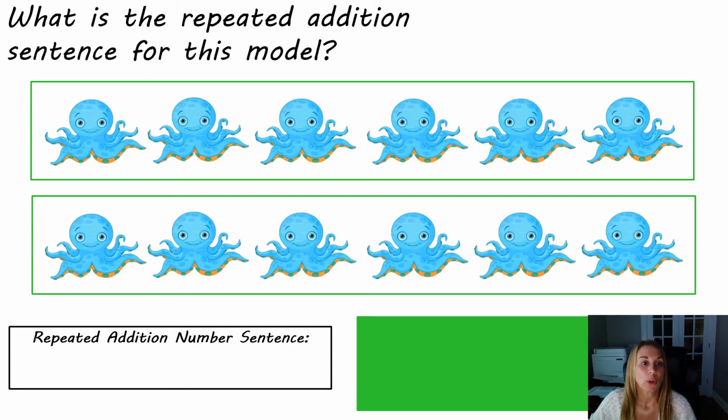All right, who can take a look at this page and tell me what is the repeated addition sentence for this model? We have some octopus in this box and some in this box. Let's take a second to count them up. And how many boxes do we have?